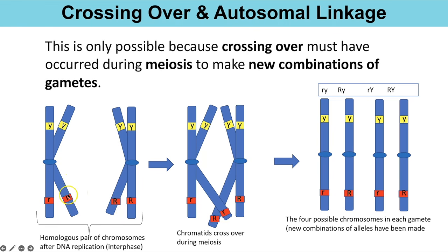And in meiosis 1, when they line up at the equator to form a bivalent, we can see the non-sister chromatids crossing over to form a chiasma, break and swap, and that then means when they do then separate in meiosis 1 and meiosis 2, ultimately we get 4 gametes which have new combinations of alleles in the gametes.